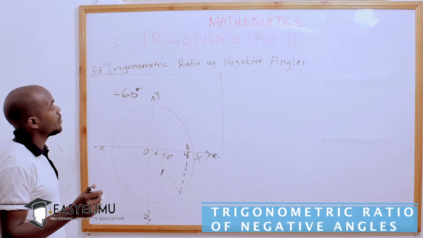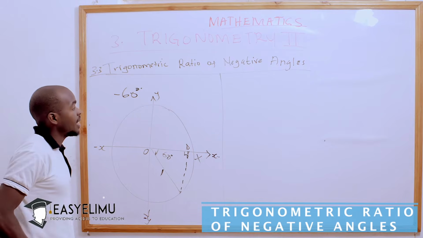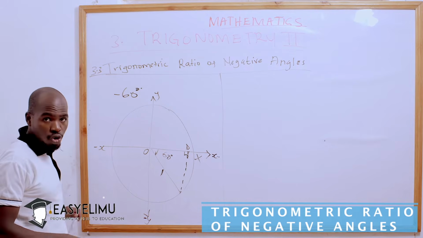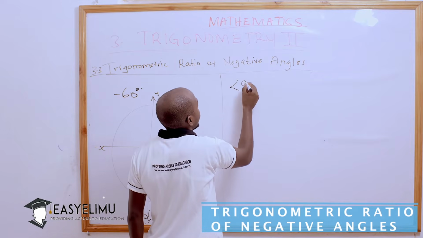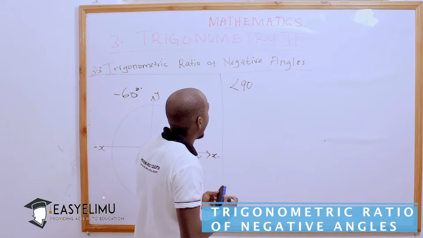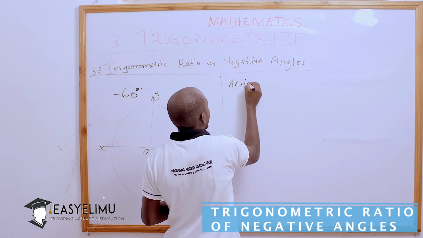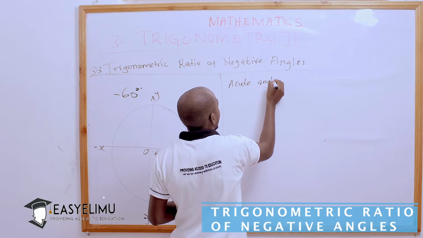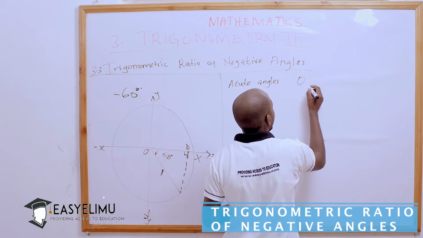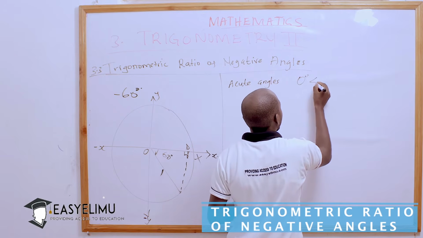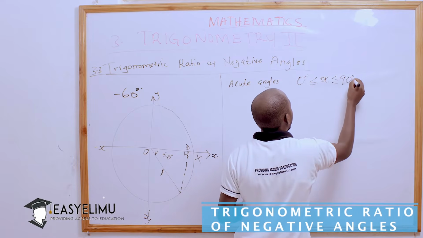In case you have any given angle that lies in the first quadrant, or it is an acute angle, let's say all acute angles, these are angles within 0 degrees to 90 degrees.